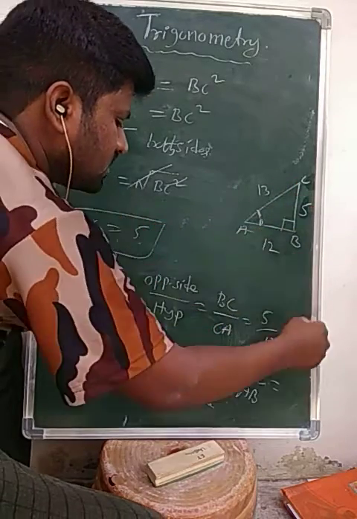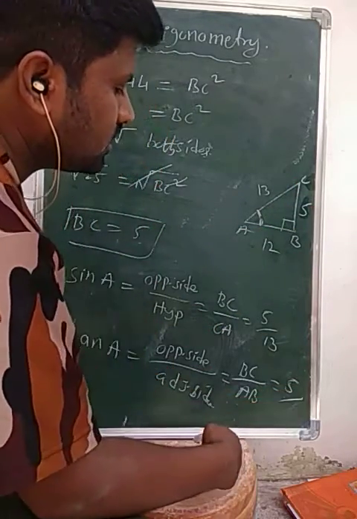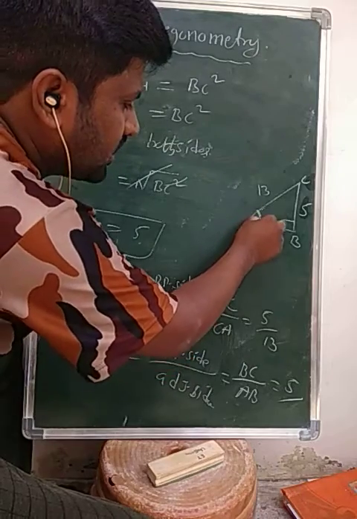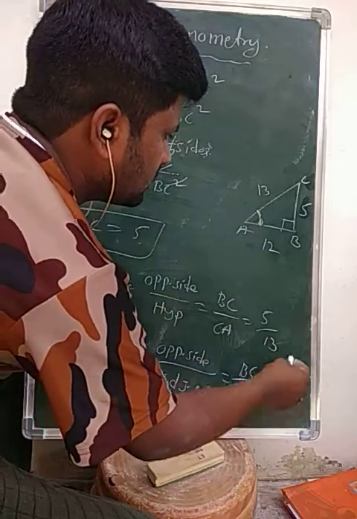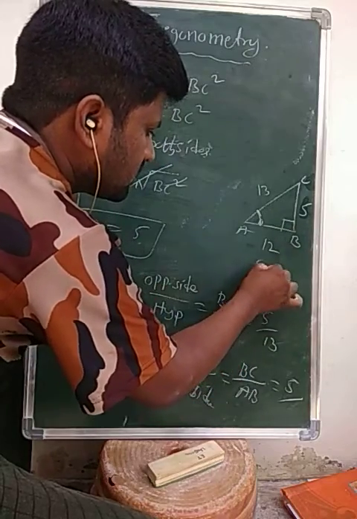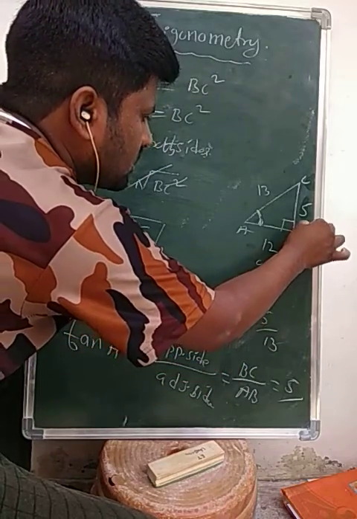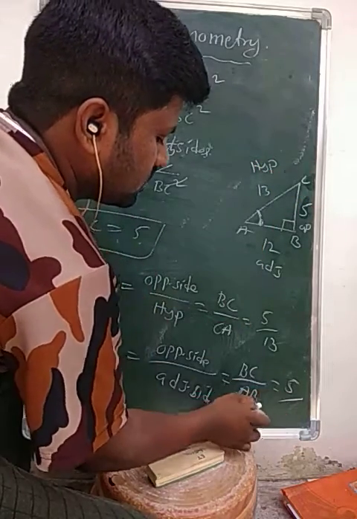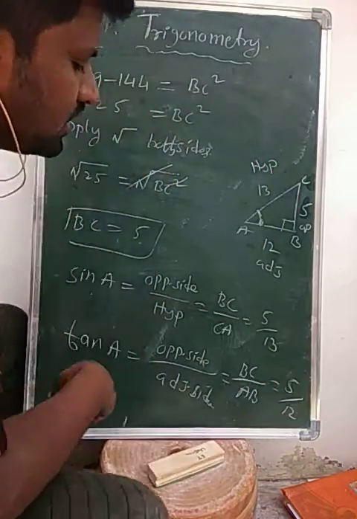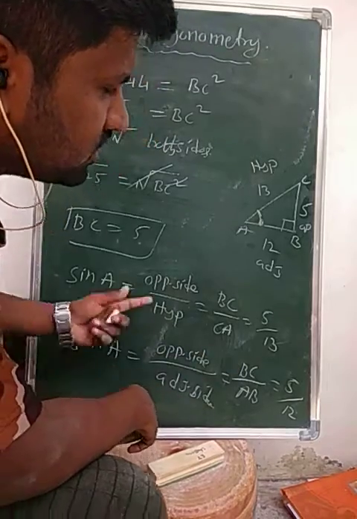BC is 5 centimeters, and AB is 12. So this is the adjacent side, this is the opposite side, and this is the hypotenuse. So this is the required answer for this question.